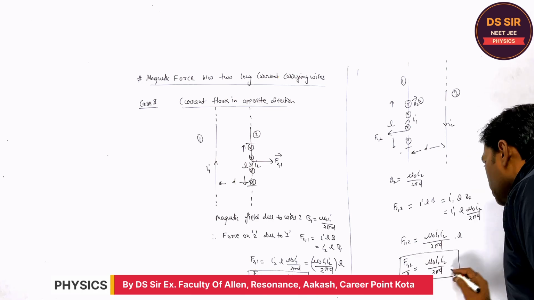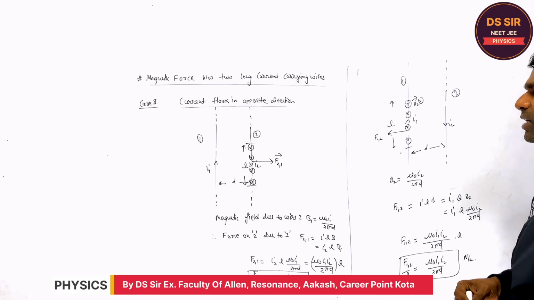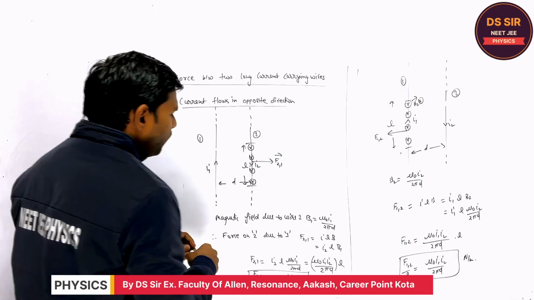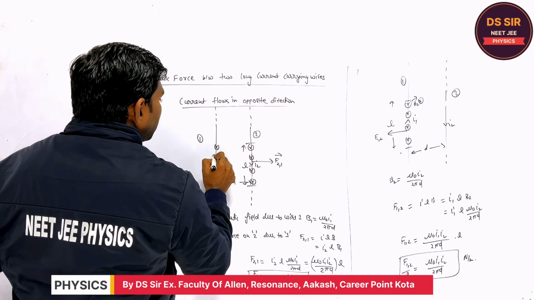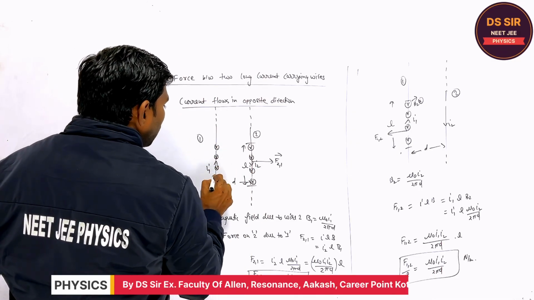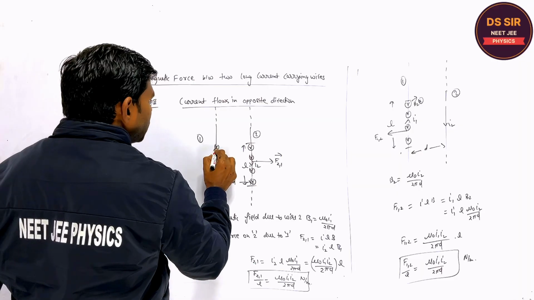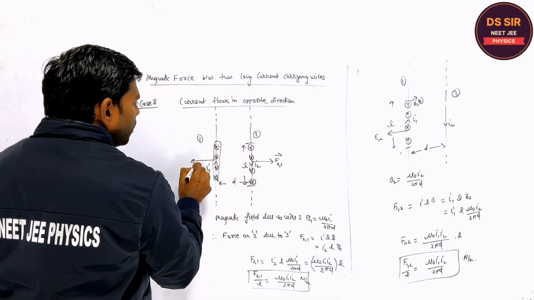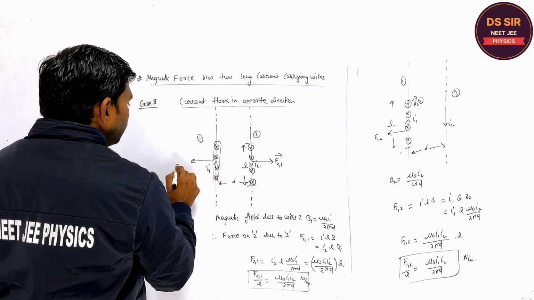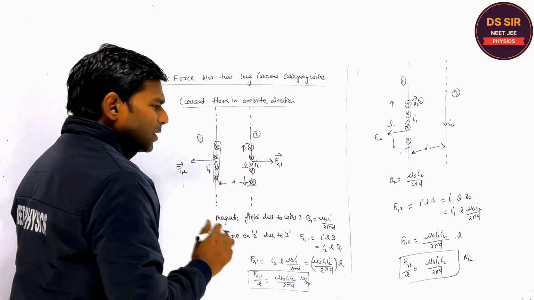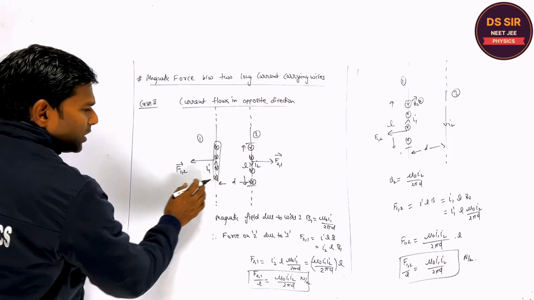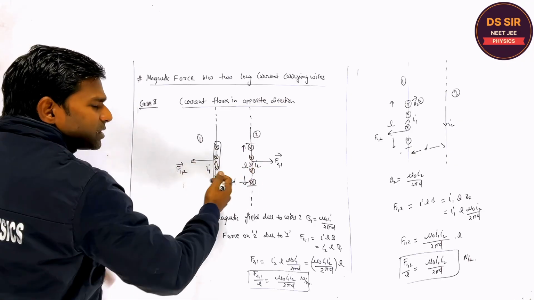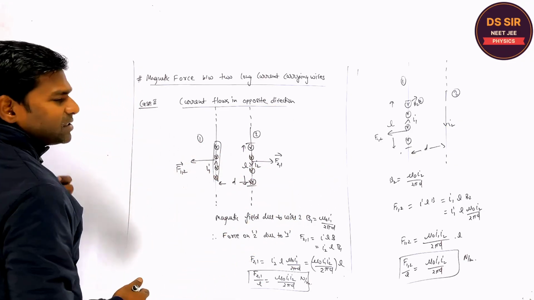The same force is coming again, whether current flows in the same direction or in opposite direction. On this wire also the magnetic field is produced, and if you consider the L length, the force on this portion will be the same per unit length. The force is away from each other, that is, repulsive in nature.